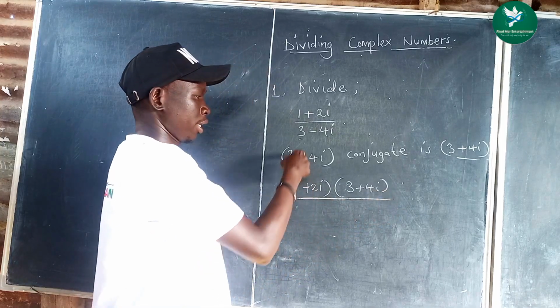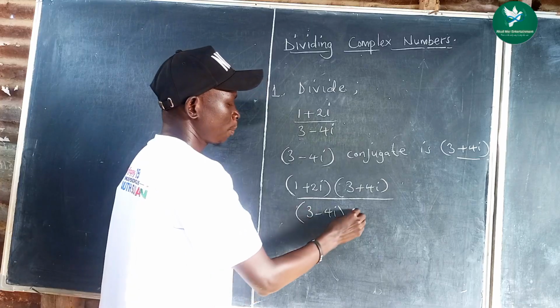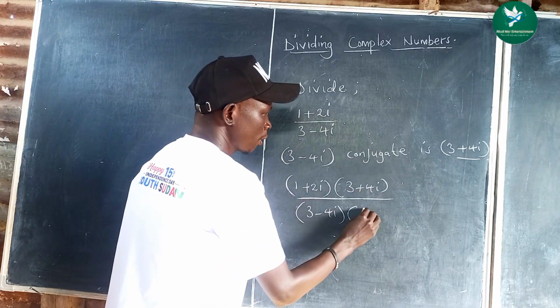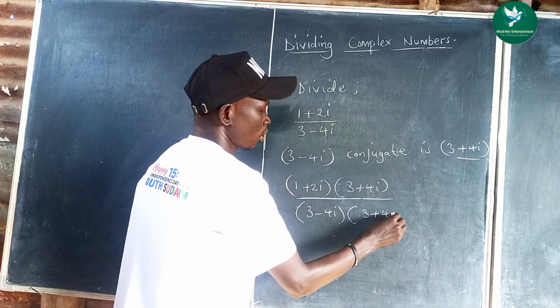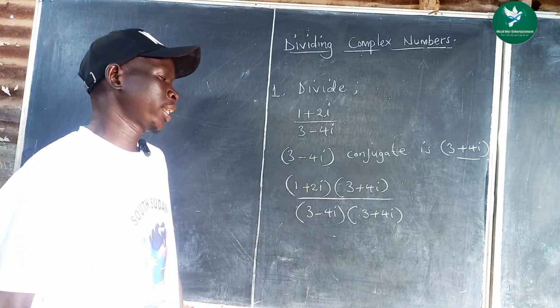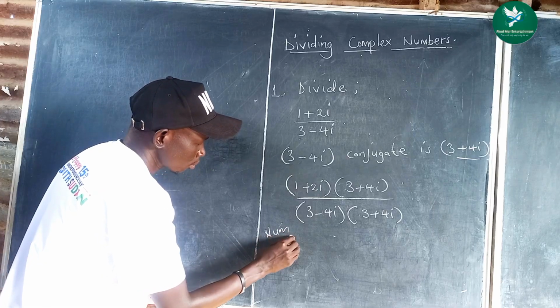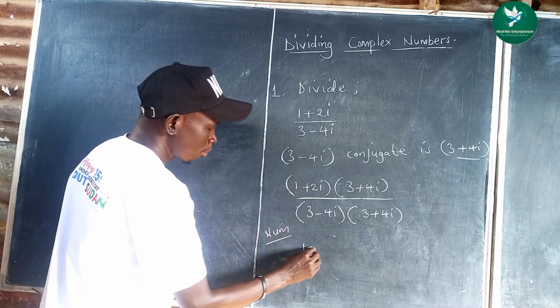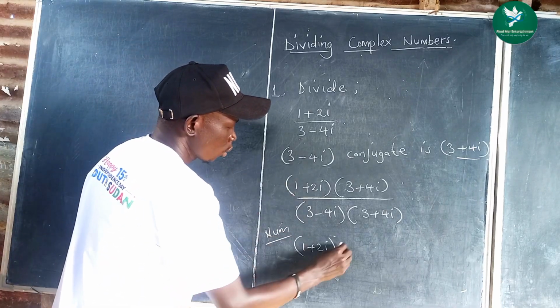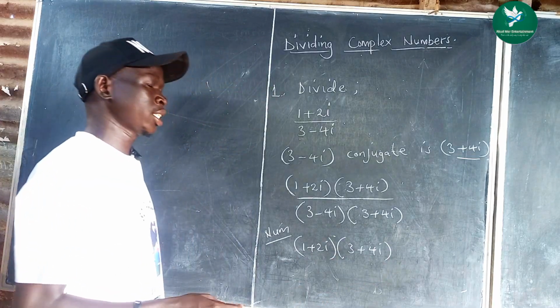We divide by the denominator, which is 3 minus 4i, multiplied with its conjugate, which is 3 plus 4i. Therefore, we can easily separate them for easy work. We take the numerator alone, which is 1 plus 2i. We multiply by 3 plus 4i, like this.